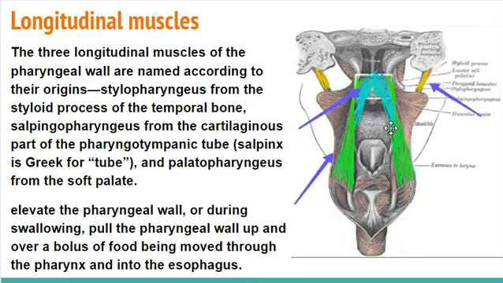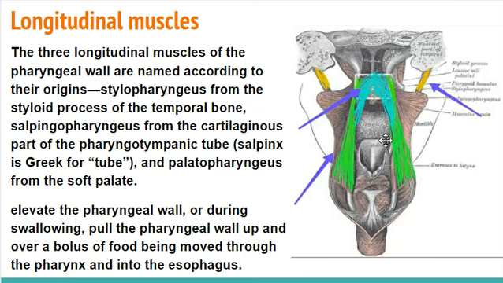Now their function is to elevate the pharyngeal wall, right, because of their vertical orientation, and pull up the pharyngeal wall over a bolus of food being moved through the pharynx. So when we were talking about the constrictor muscles, we saw that when they contracted, they narrowed the pharyngeal inlet.